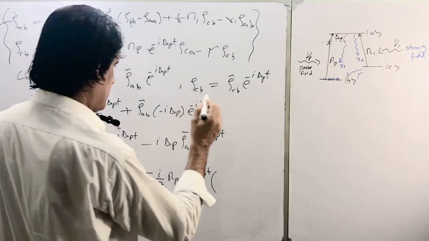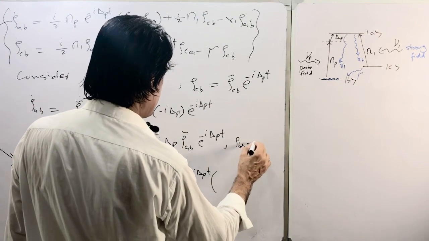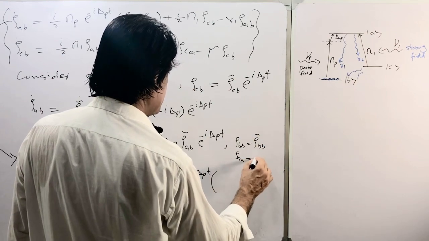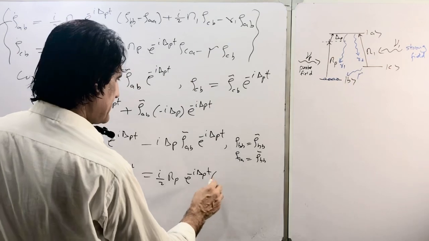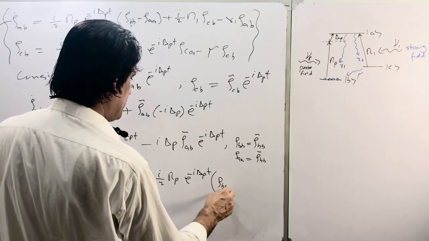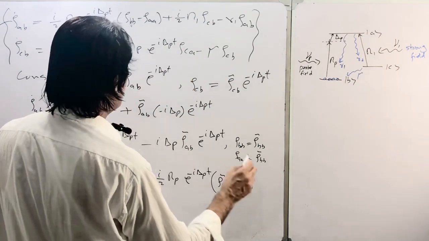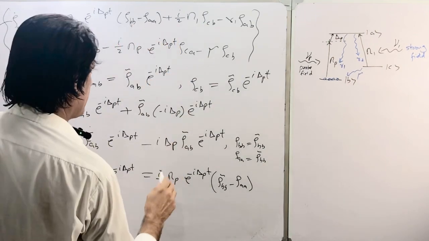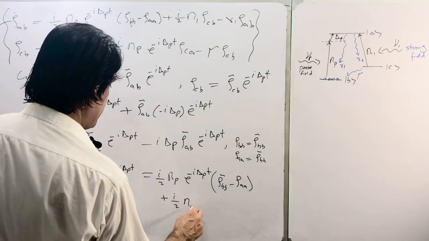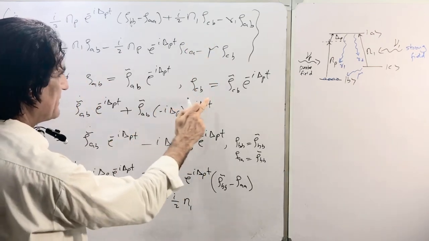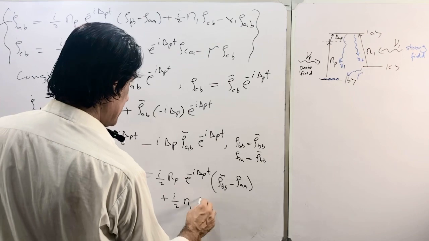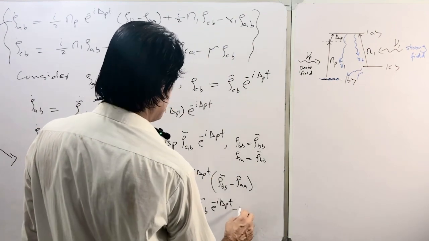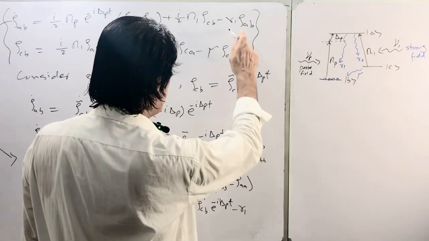We can consider rho BB minus rho AA, so consider this, rho BB minus rho AA plus iota divided by 2 omega 1, and rho CB, I have considered rho CB e to the power minus iota delta pt, minus gamma 1, and rho AB.